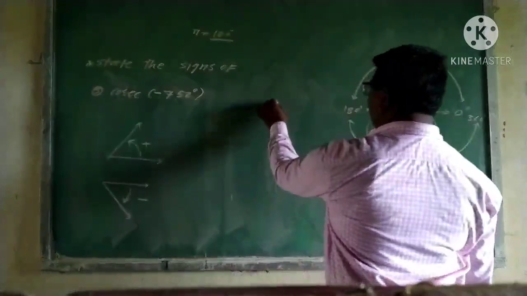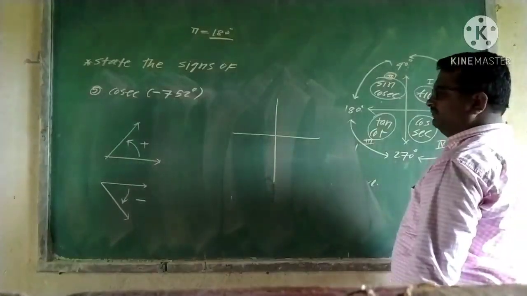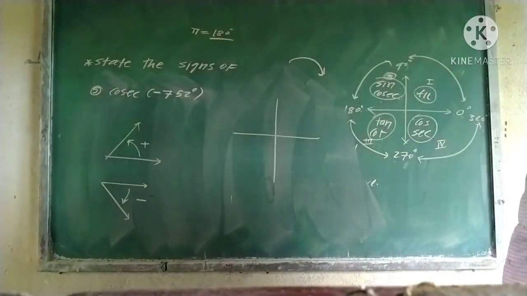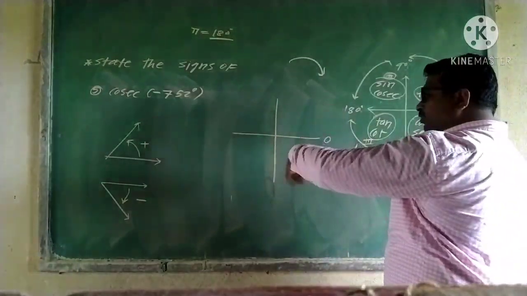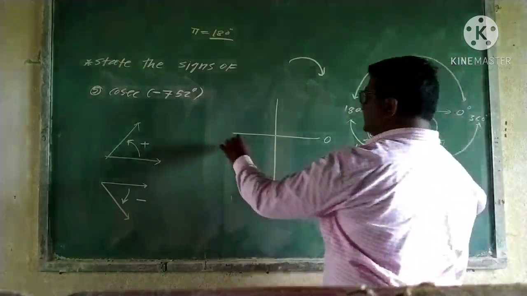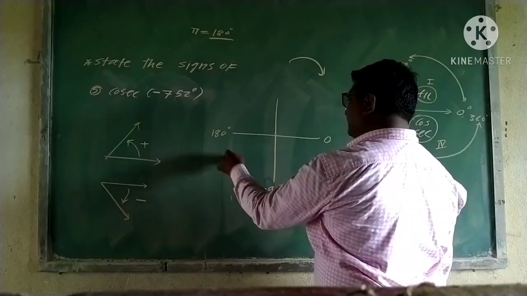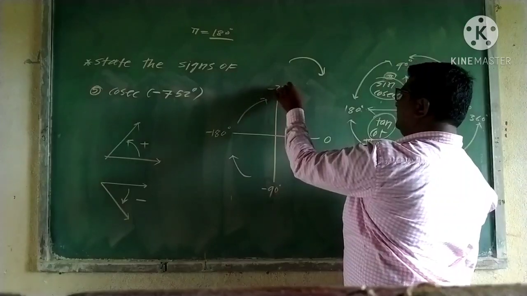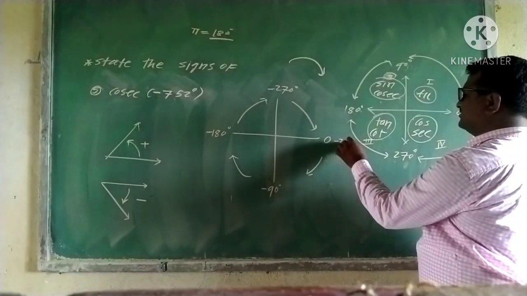Measuring clockwise, this angle is 0 degree, this is minus 90 degree, this is minus 180 degree, this is minus 270 degree, and this is minus 360 degree, and so on.